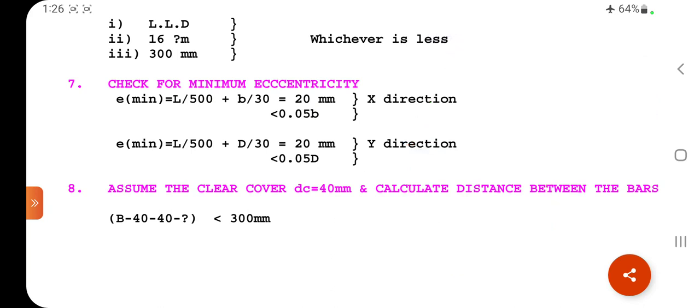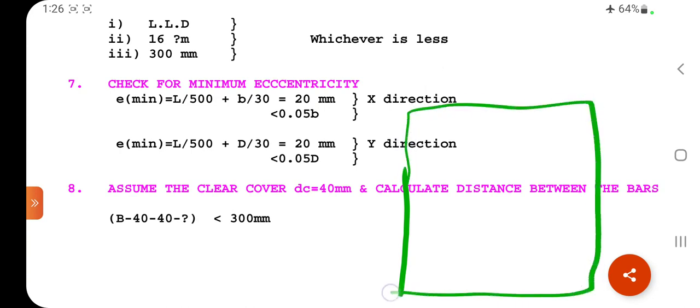Then we come to the last thing, that is the reinforcement detailing. So this is my cross section of a column. These are my bars of the column.